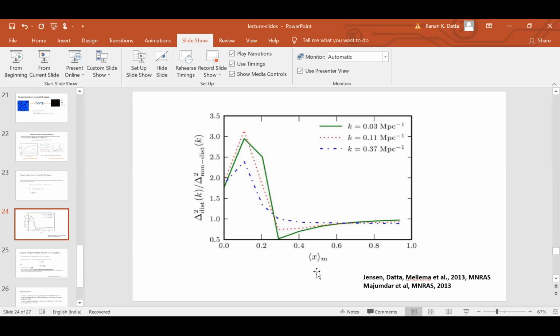I think the typical ionization front speed is 10,000 kilometers per second. The speed of light is 3 lakh kilometers per second, so it's much smaller. But Prakash, the ionization speed around a very strong quasar can be very high, right?